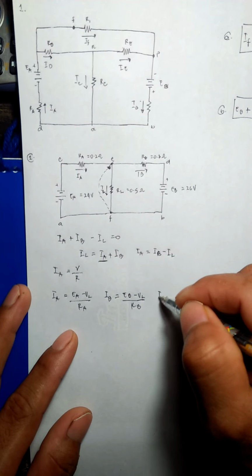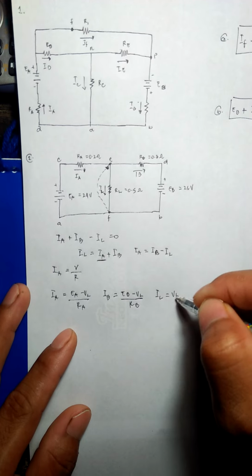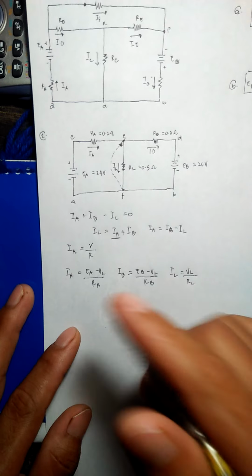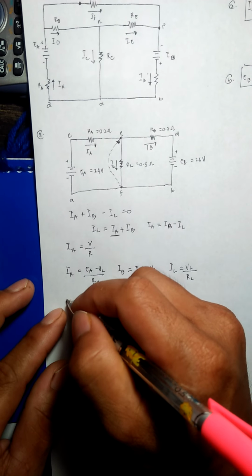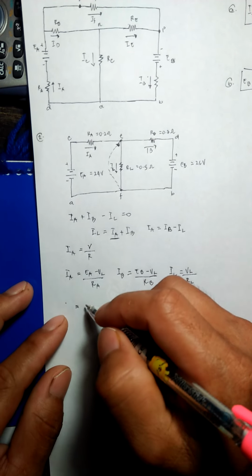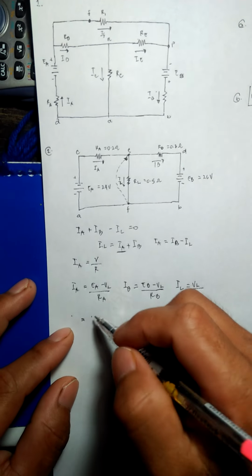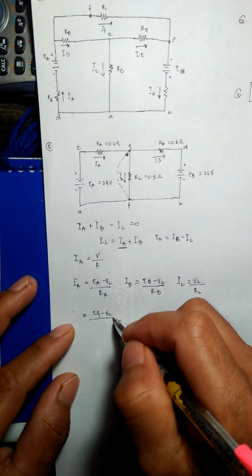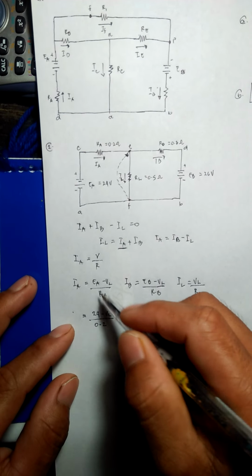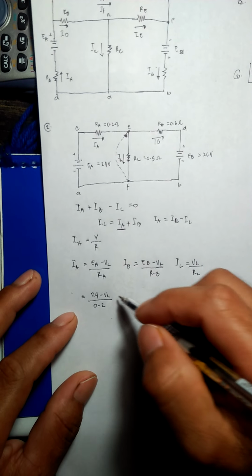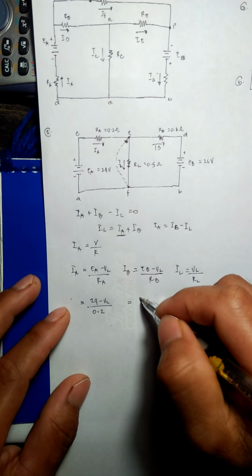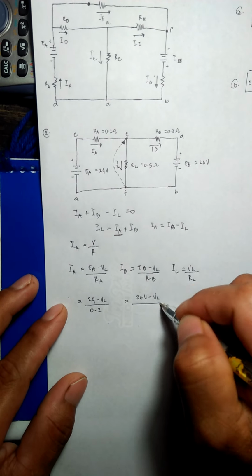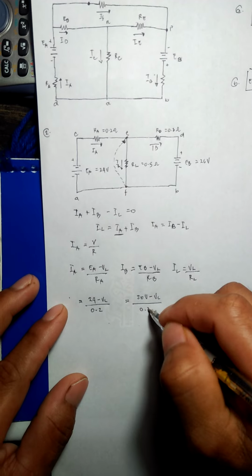Next is IL is equal to VL over RL. So substitute: IA is equal to EA, which is 24 volts, minus VL since it is unknown, over RA, 0.2. Next, IB is EB, 26 volts, minus VL over RB, which is 0.3.